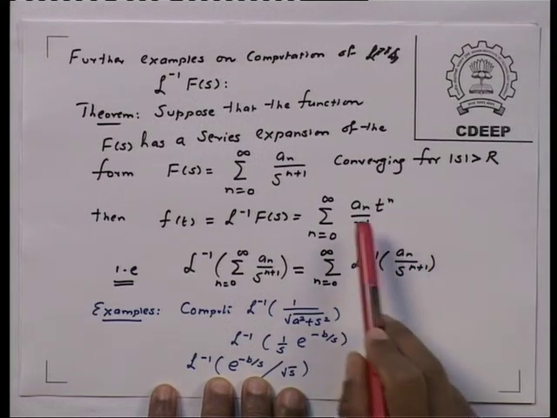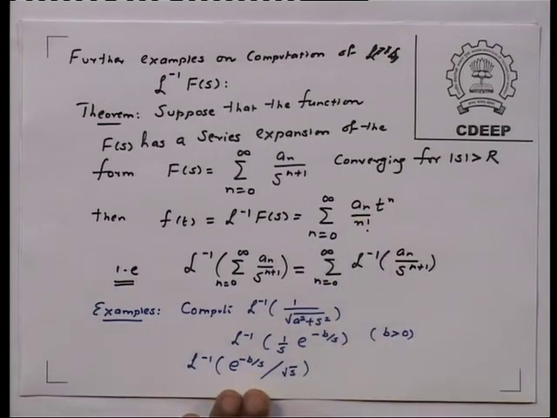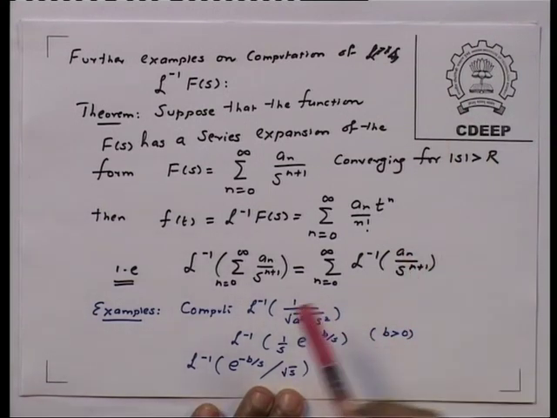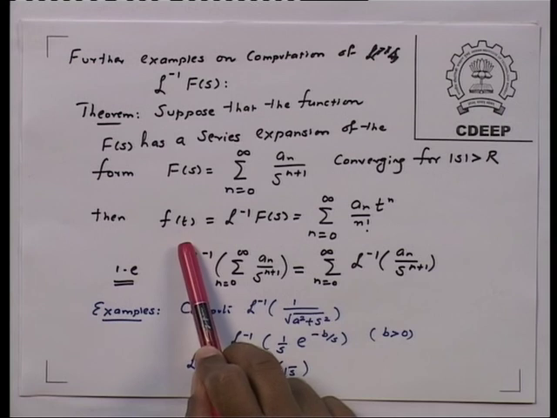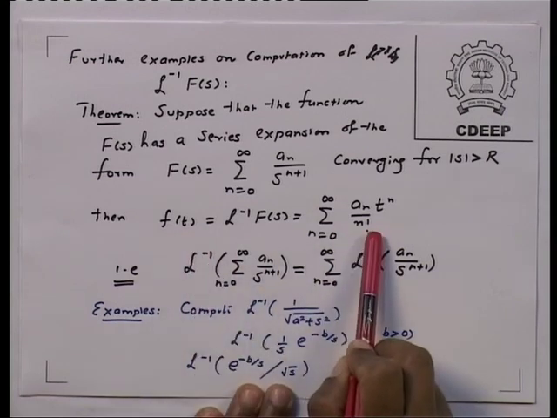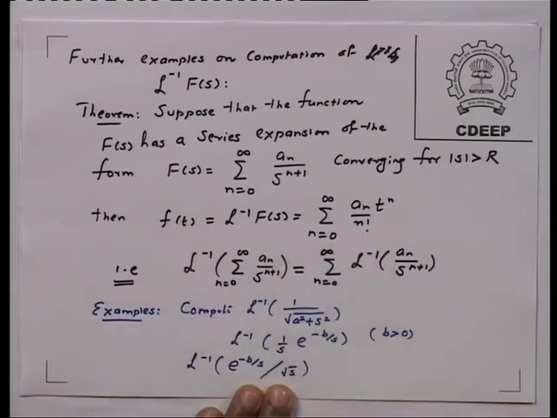So the inverse Laplace of this is this. So I can proceed to the computation of the inverse Laplace transform term by term. What comes out? The original function presents itself in the form of a power series. You have obtained the original function in the form of a power series.